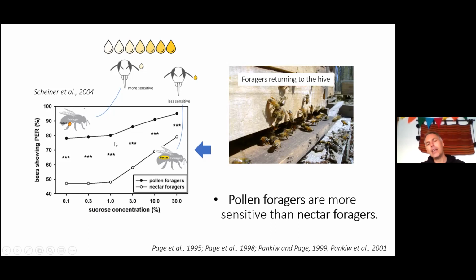And here we can clearly see that pollen foragers are much more responsive to a broad spectrum of sucrose concentrations than nectar foragers. Then pollen foragers are more sensitive than nectar foragers.